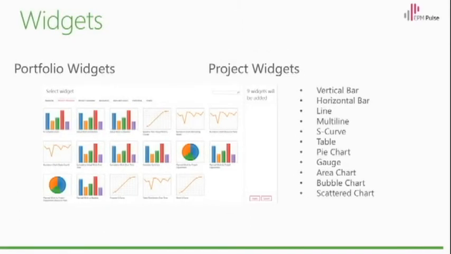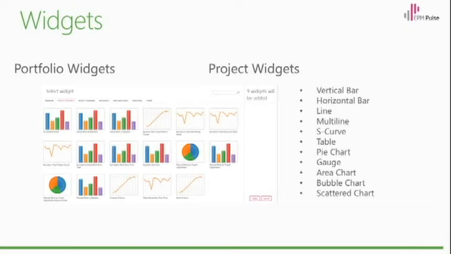I mentioned the widgets, and in most cases we support widgets by different types. There are financial widgets, widgets about progress tracking, resources, risks and issues, and some statistical widgets that display information.